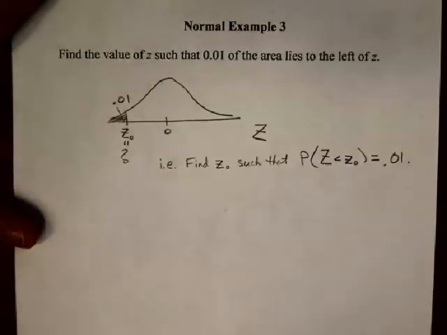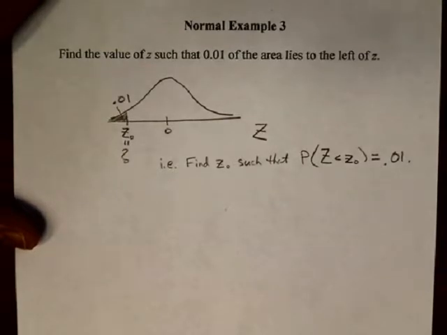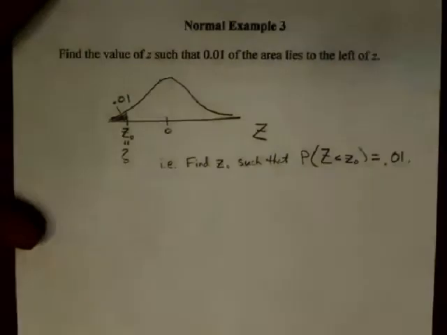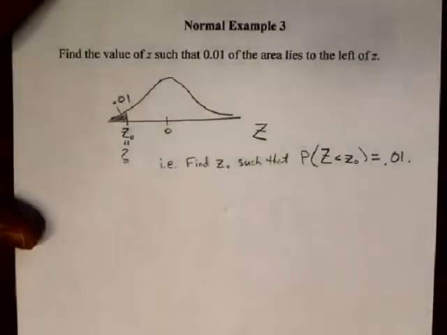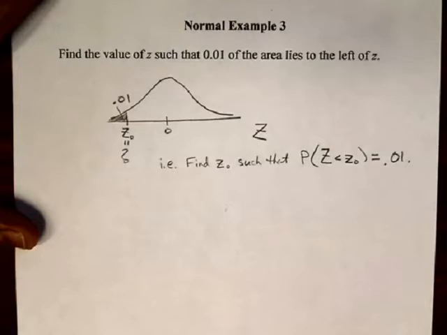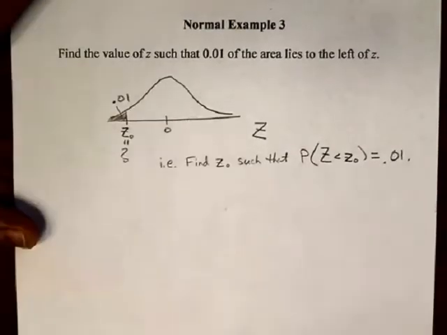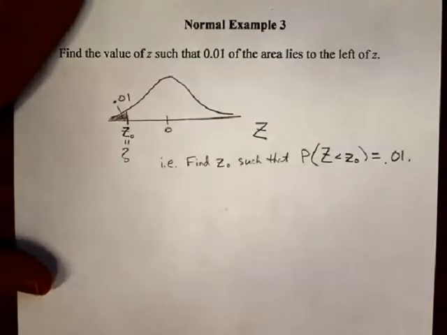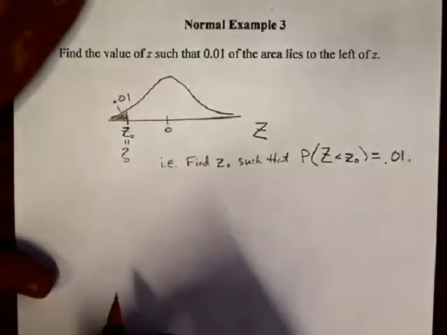If you're looking at your table. So I've got to somehow use the right-hand side of the distribution to come up with this z naught.